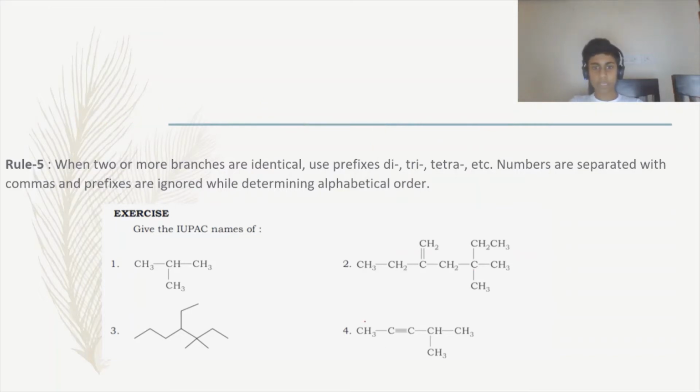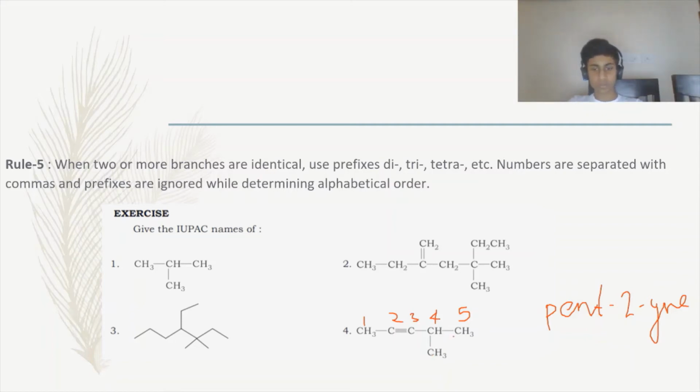Now the same way we would have to do it for this. We would just tell you the numbering is like this. And then we would use yne here. It would be pent-2-yne. And now we have at place 4 the methyl.